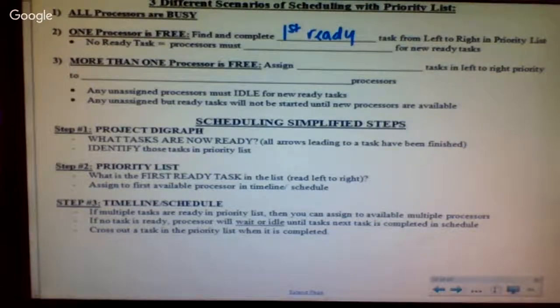If you have no task ready, then you're going to idle for new ready tasks. You're going to wait until something opens up. The third scenario, you're going to have more than one processor free. Like at that 8 minutes when both processors opened up, at that point, you're going to assign all ready tasks to all available processors.